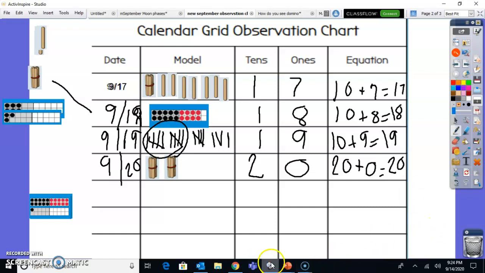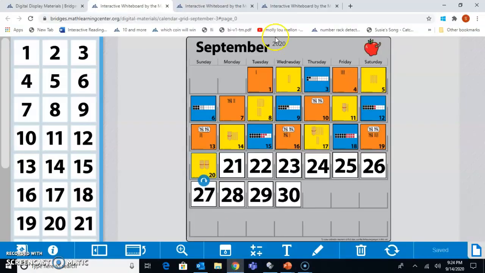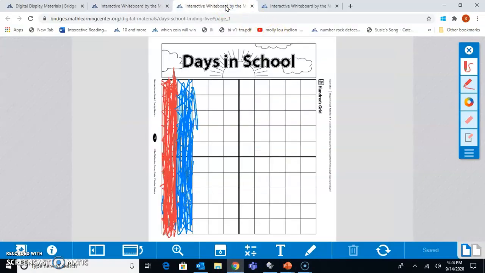Now, when we move on to our September Number Corner tracker, here we go to the days in school. These are the amount of days that we have been in school. And let's look. Yesterday, it was the decade day, right? So we have 2 10s now in the days of school.